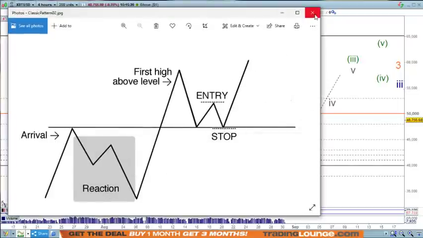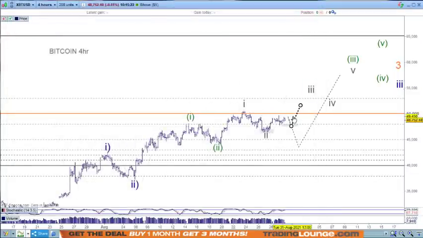So they're the two things that can happen at this level. We've had the arrival, we've had the reaction in 3. If we get 5 waves up here, then we'll either come up in 5, come back and test it, and then move up again, or we're going to have a larger ABC pattern here. But in both cases, bullish.